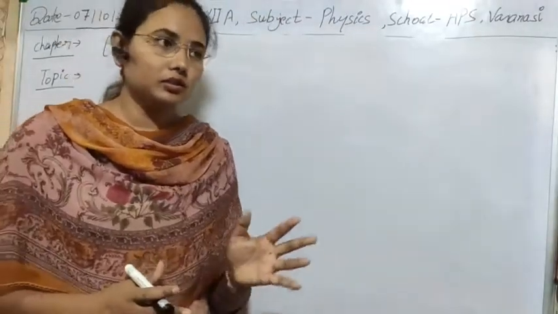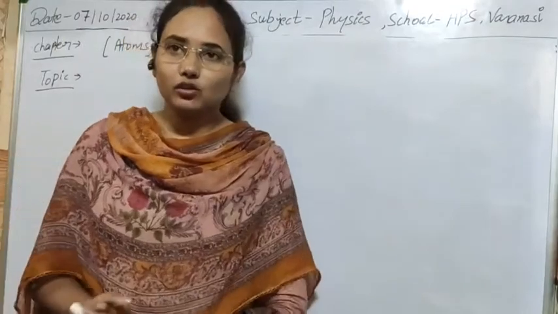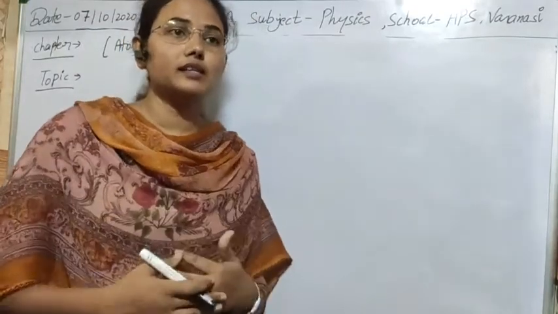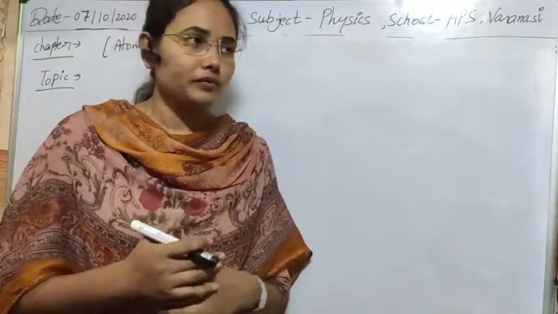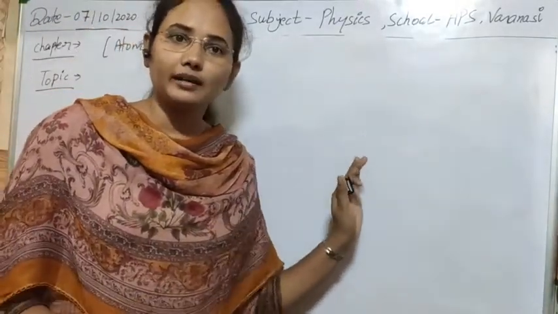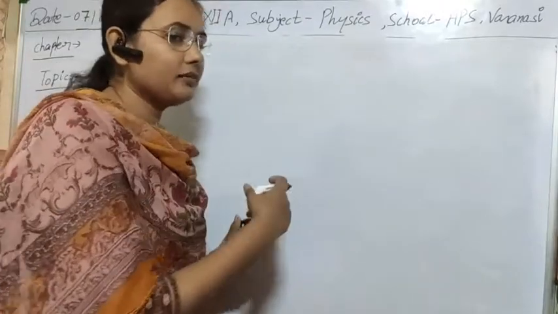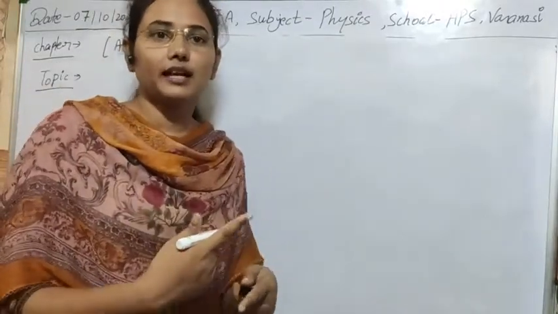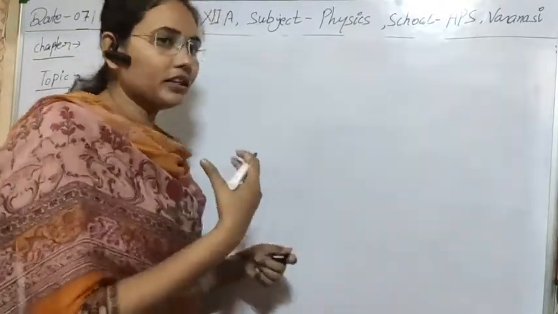According to the Bohr model, electrons are revolving in certain circular orbits. So we can easily explain first the transition of electrons and spectral series on the basis of that. After that I will tell you what the energy level diagram is and how we can draw it.